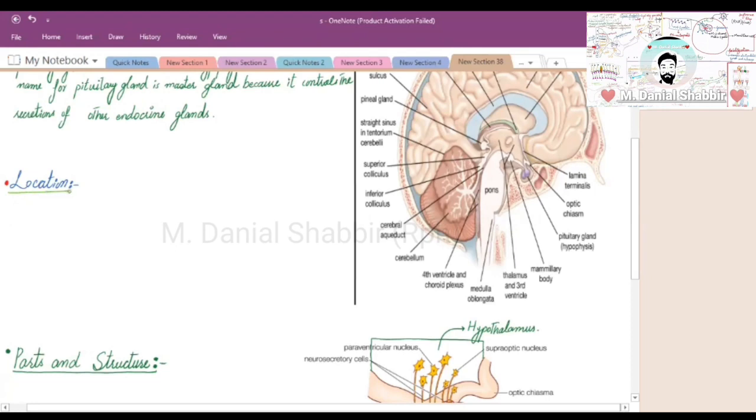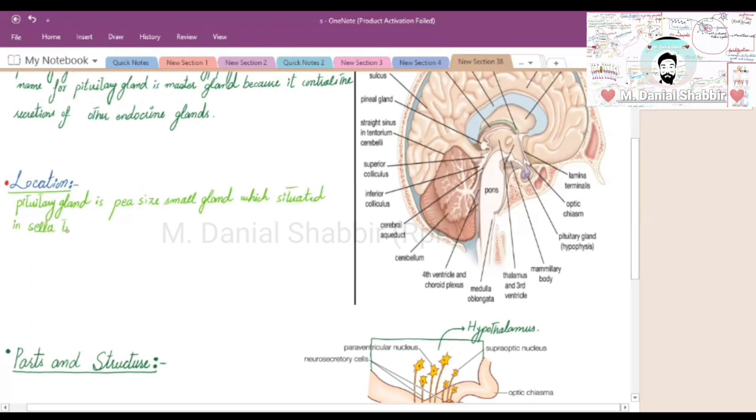The pituitary gland is a pea-size small gland, which is situated in the sella turcica.